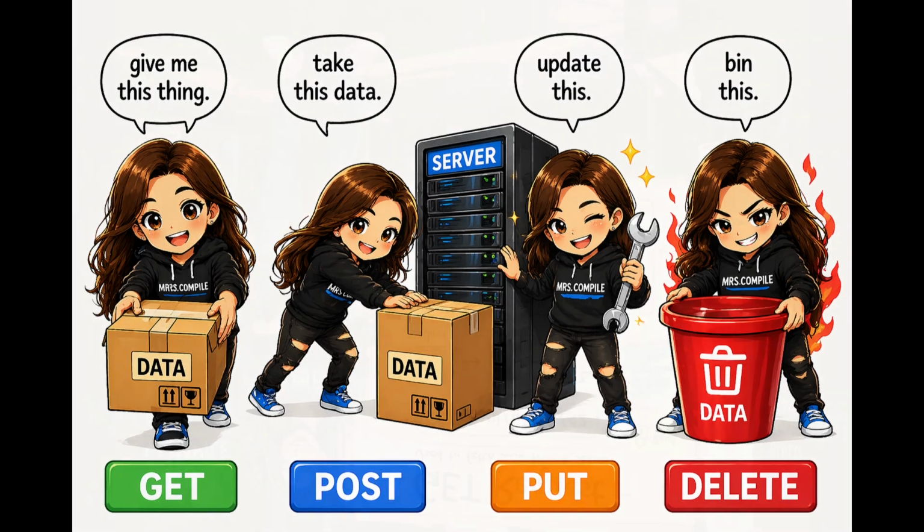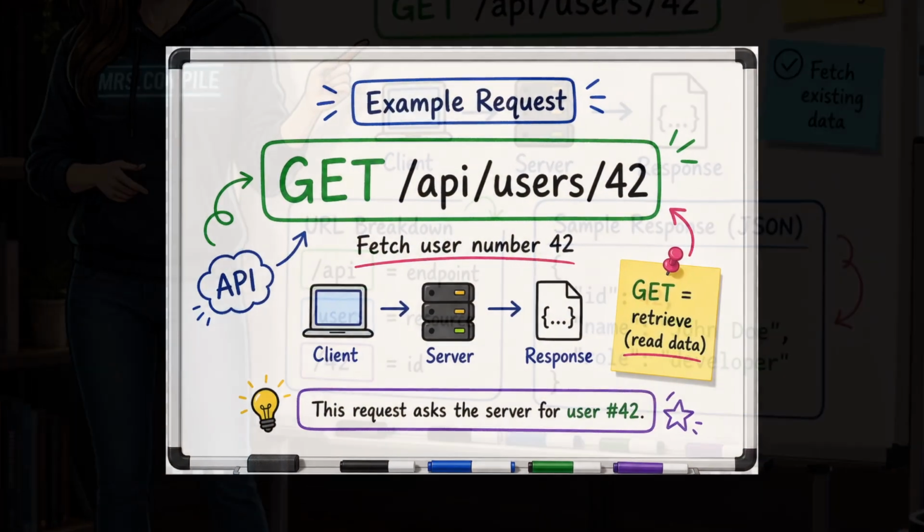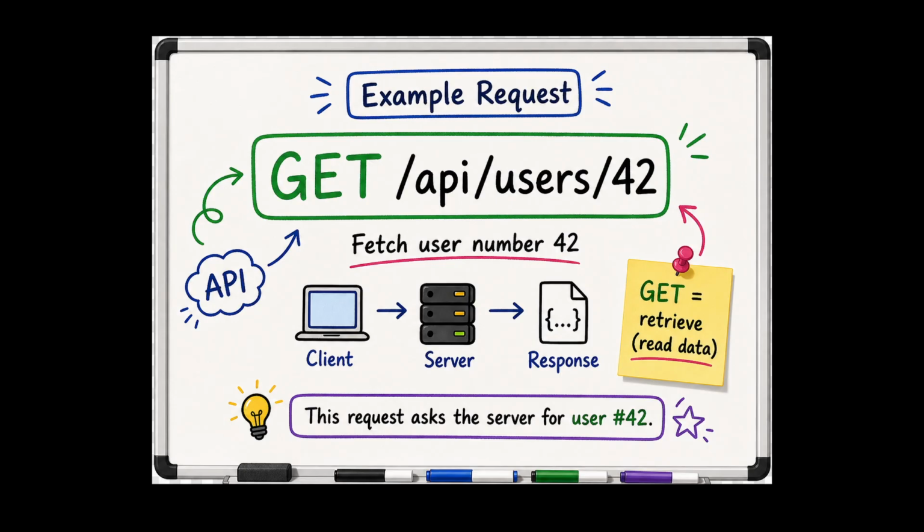The most common one is GET. GET means, can you give me this data? When you type a URL into your browser and hit enter, your browser usually sends a GET request. For example, GET /api/users/42. This is basically saying, server, can you send me the details for user number 42?